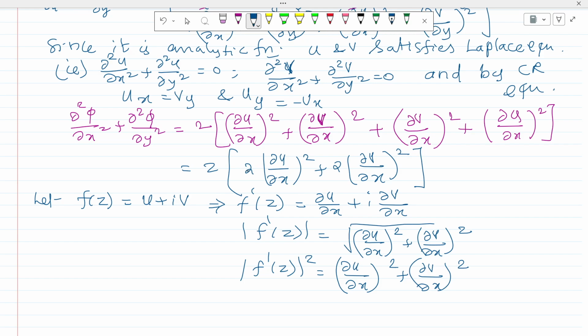Now see that here, taking 2 outside, this equation is equation number 4.